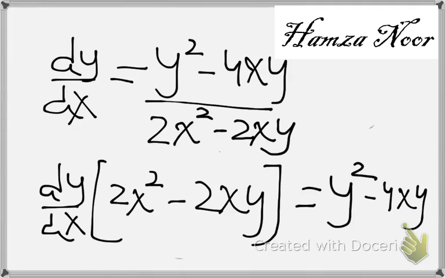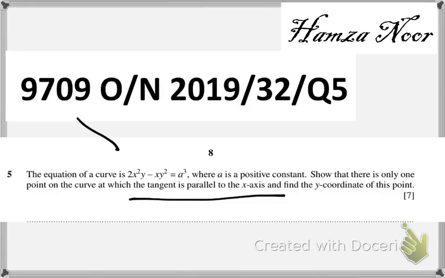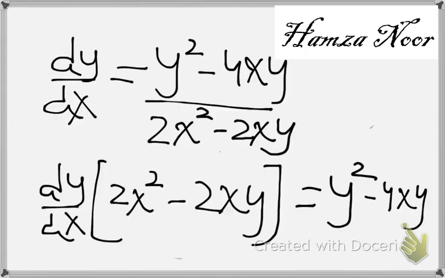So this is the dy/dx function we have obtained. Coming back to the question, it says to show that there is only one point on the curve at which the tangent is parallel to the x-axis. When the tangent is parallel to the x-axis, the gradient is equal to 0. So we need to put dy/dx equal to 0.